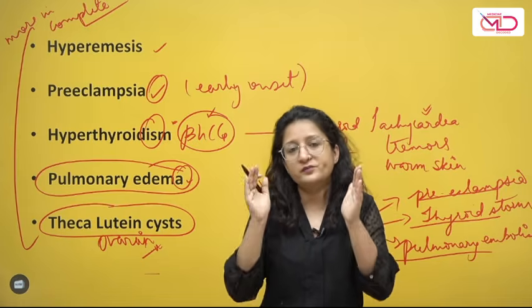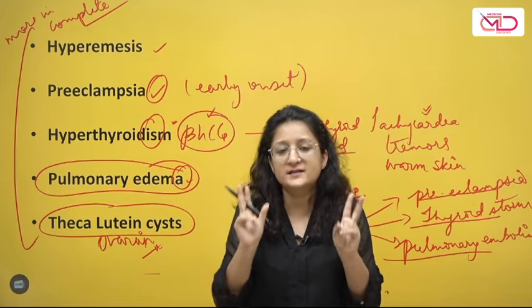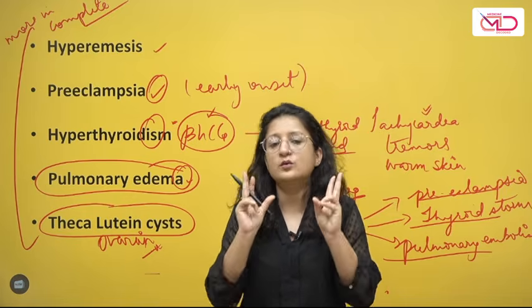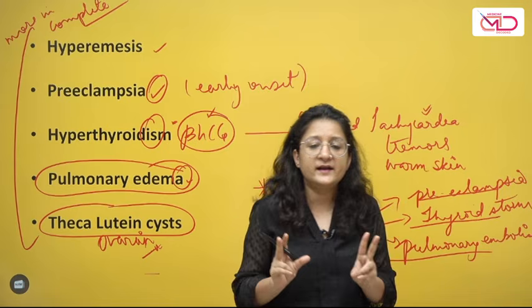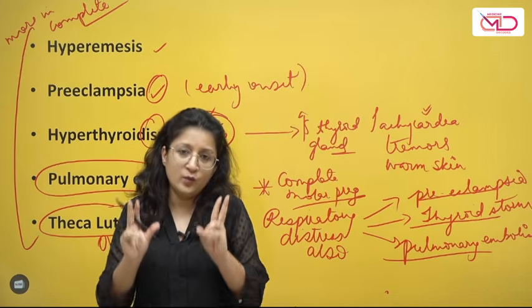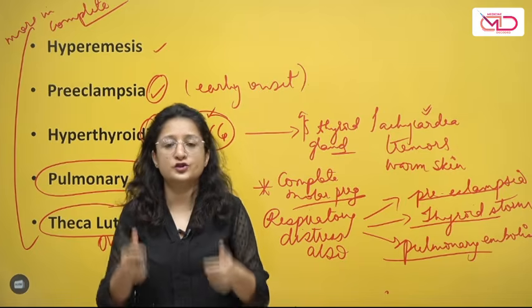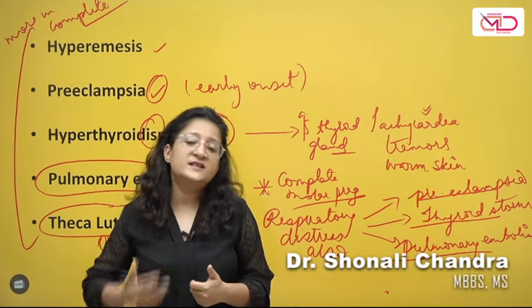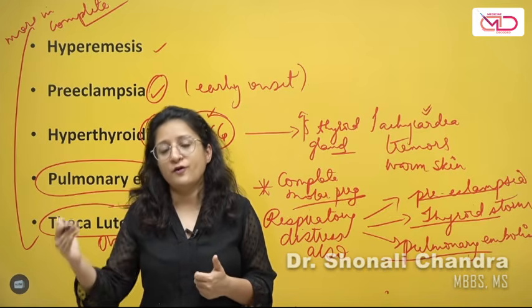In this video, we've particularly discussed the two types of benign molar pregnancies, complete mole versus partial mole, and we have discussed the clinical presentation of the molar pregnancy. And in my next video, watch out for the clinical case scenario, and then we'll discuss the investigations, the workup, and the management of a molar pregnancy.